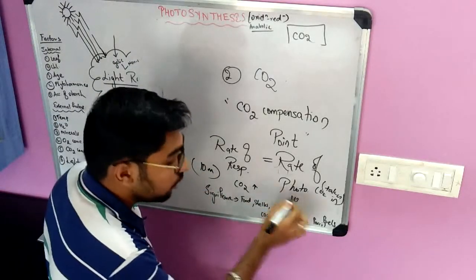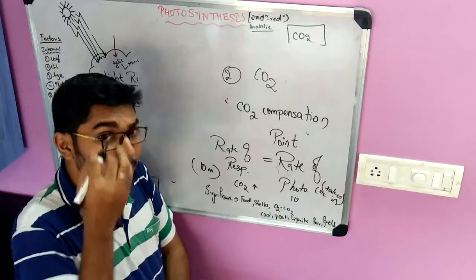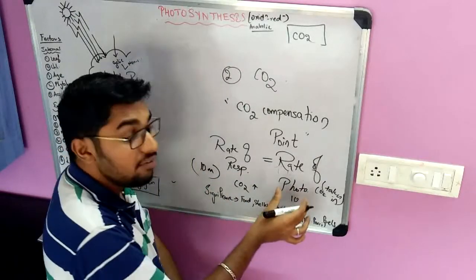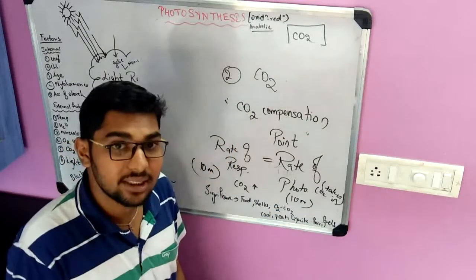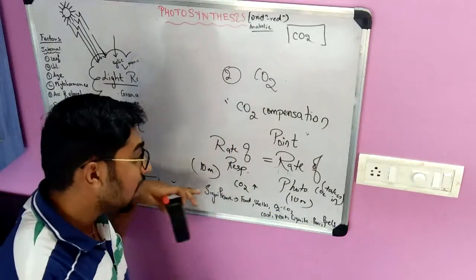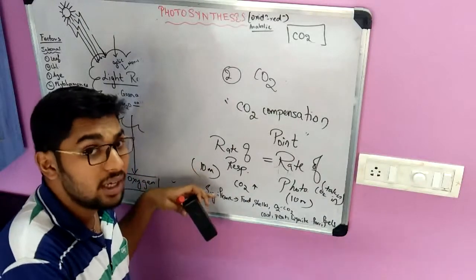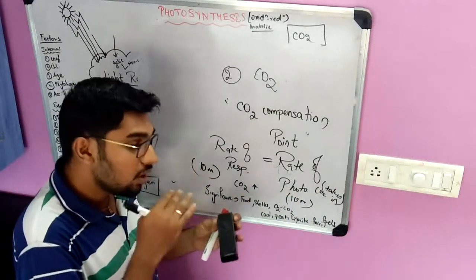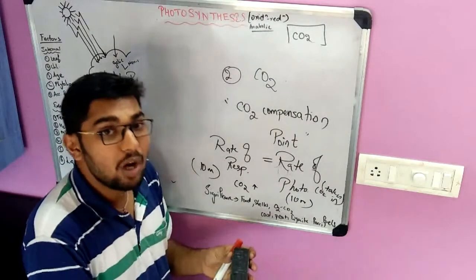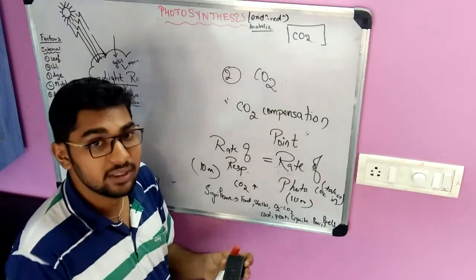During photosynthesis, 10 molecules of carbon dioxide are required. So the amount of carbon dioxide evolved is equal to the amount of carbon dioxide taken in by the plants.